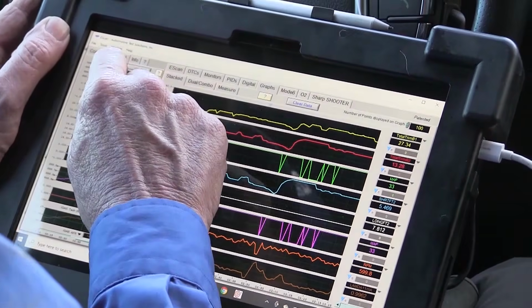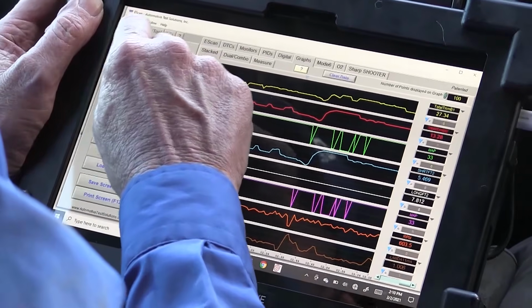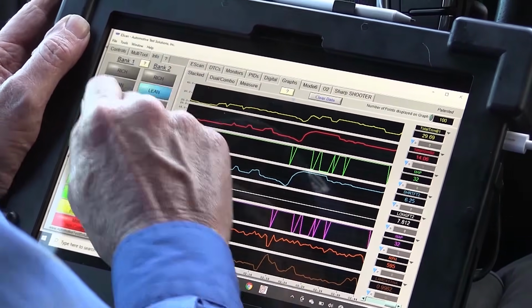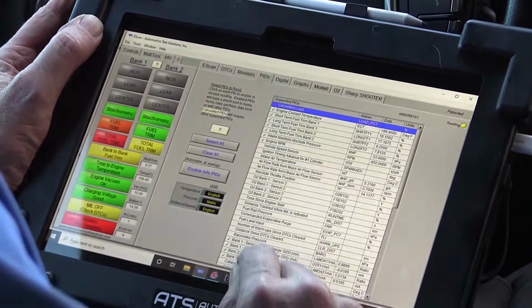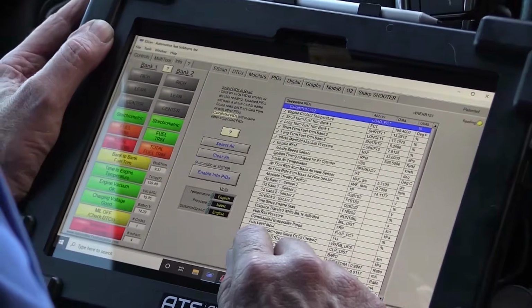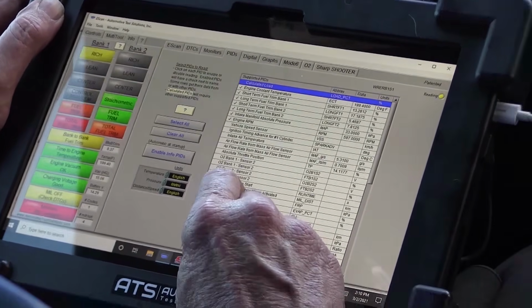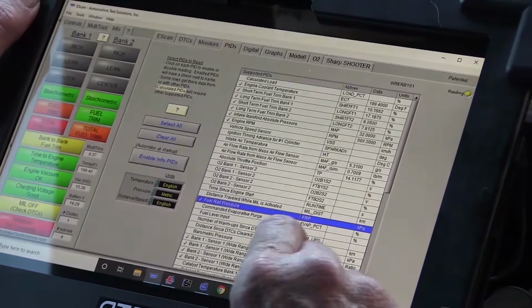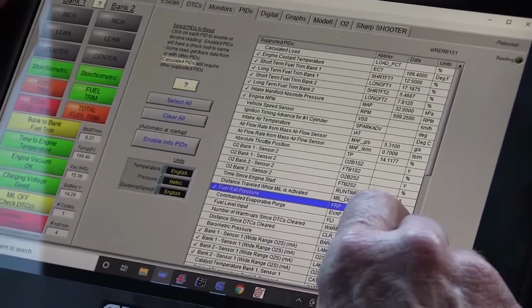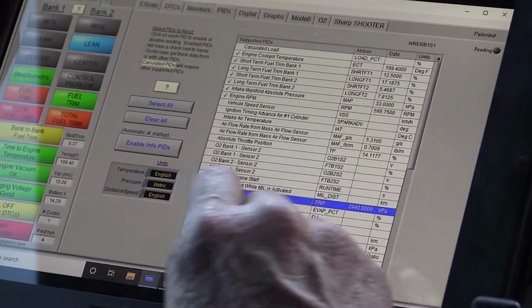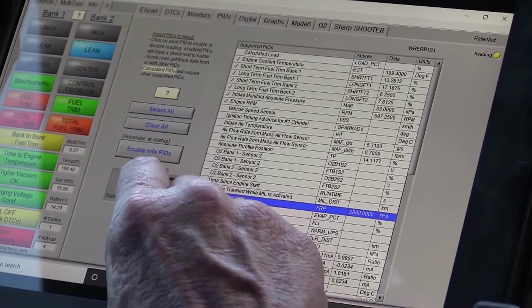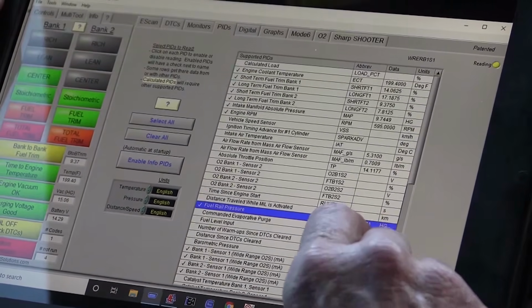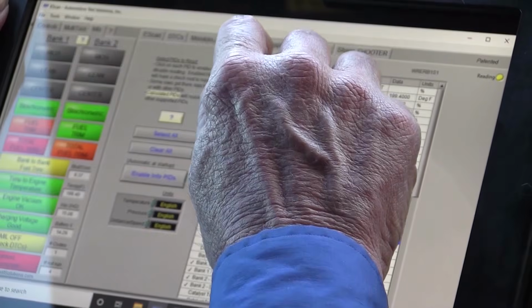So maybe this car, let's just see something here. I want to go to PIDs. On some of these cars, we can get rail pressure. So I have the rail, and we've got a rail pressure just so we can see where we are here. So we're going to change the rail pressure into a different unit.